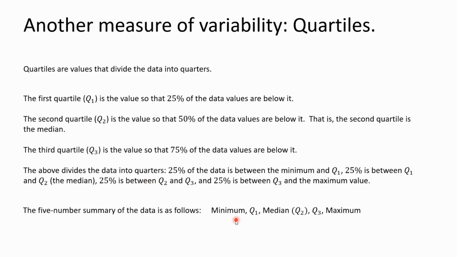Between the minimum and Q1 are 25% of the data values. Between Q1 and Q2, which is the median, you have another 25%. Between Q2 and Q3, you have another 25%. Between Q3 and the maximum, you have the remaining 25%.